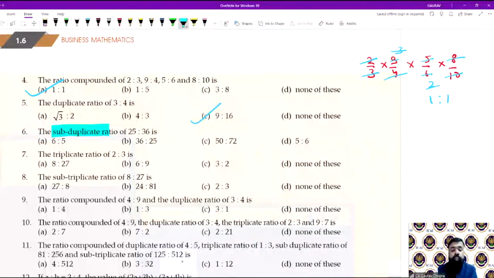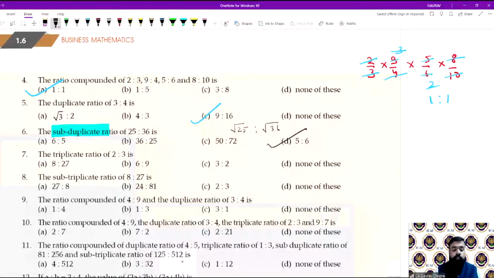Subduplicate means we have to take the square root. Square root of 25 is 5 and square root of 36 is 6. So 5:6, option number D. Good going, everybody.